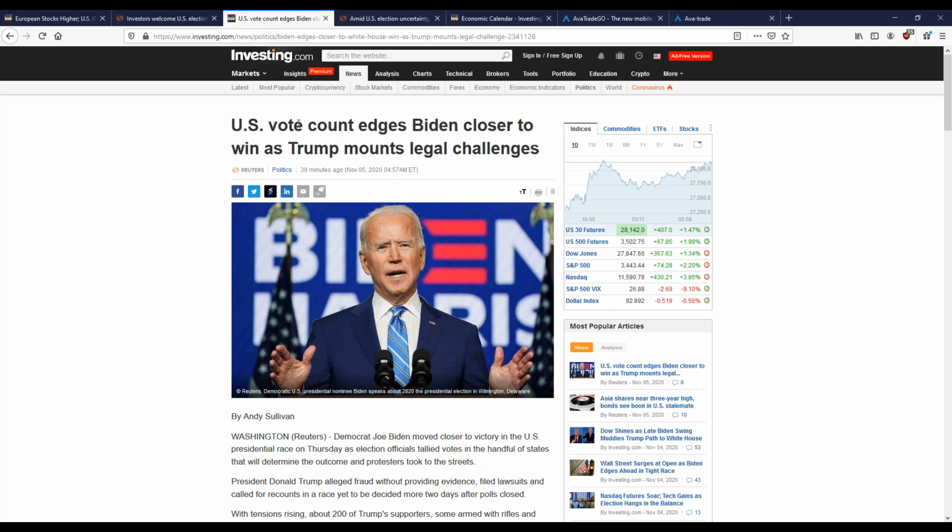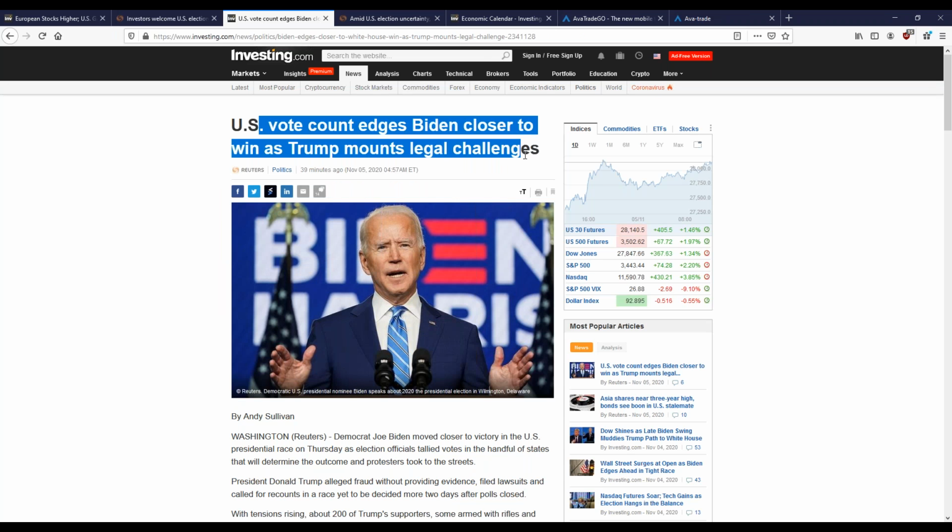And another article here, Biden edging oh so close to getting 270. If I had to take a guess, I think he gets it. But I also understand there are multiple lawsuits being filed by the Trump side, protesting the counting of the mailed-in ballots and the processes that occurred and the timing of the votes.